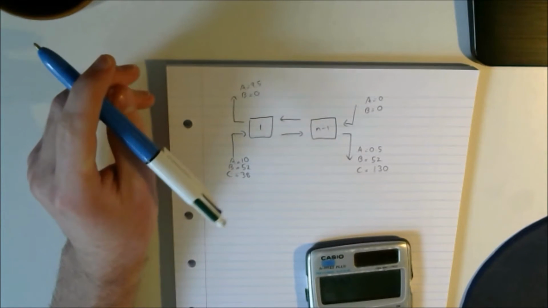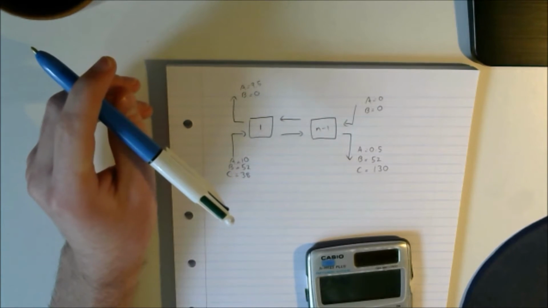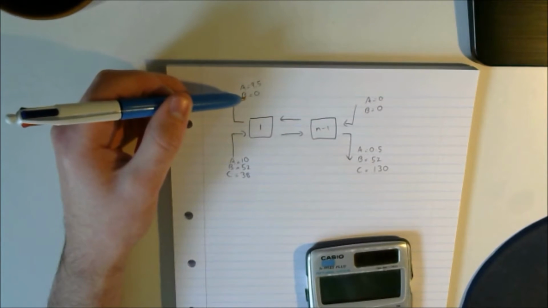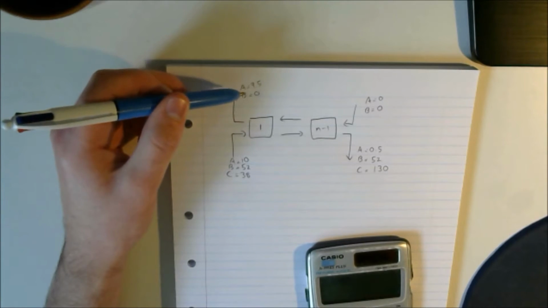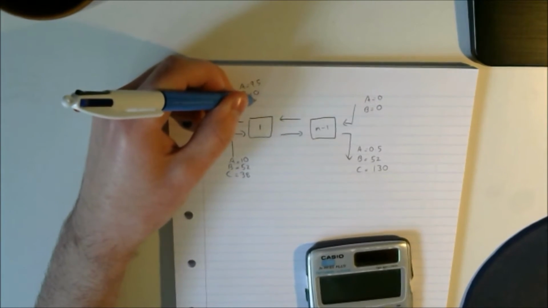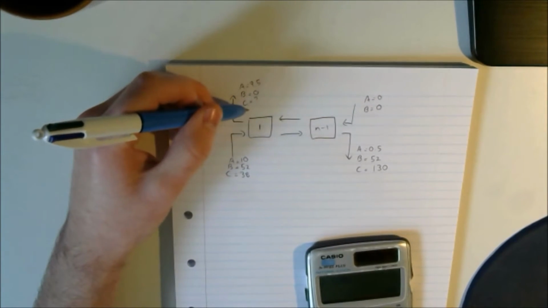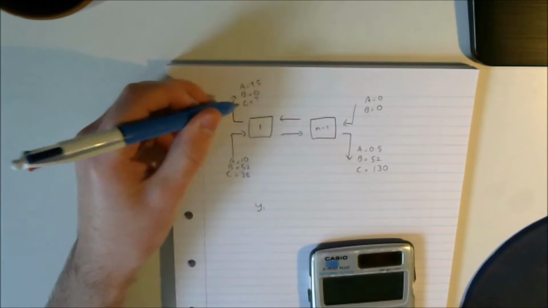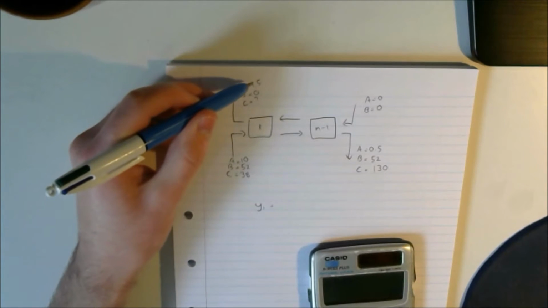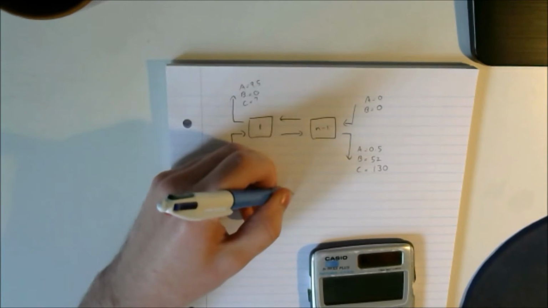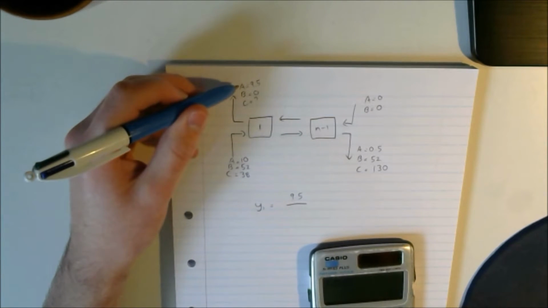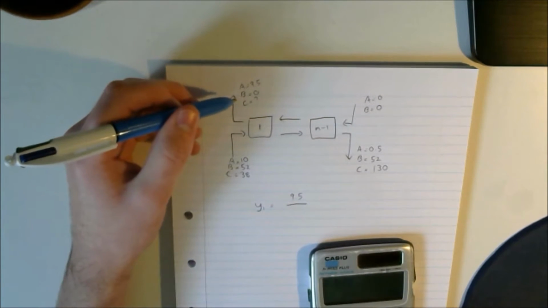Okay, and we're also given that the concentration of the extract phase leaving the system up here is going to be 12% sugar. So that means that we can figure out how much water we've got in that stream up here. So we know that Y1, the concentration of this phase up here, is going to be equal to the mass of sugar, which is 9.5, divided by the total mass of solution in that stream.